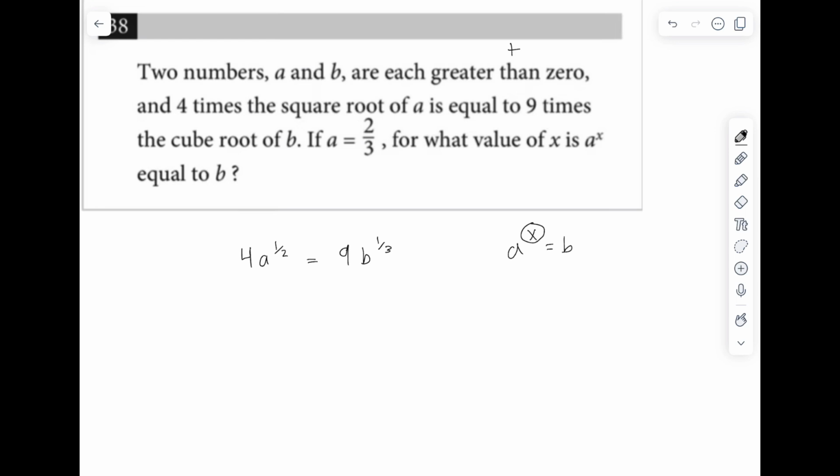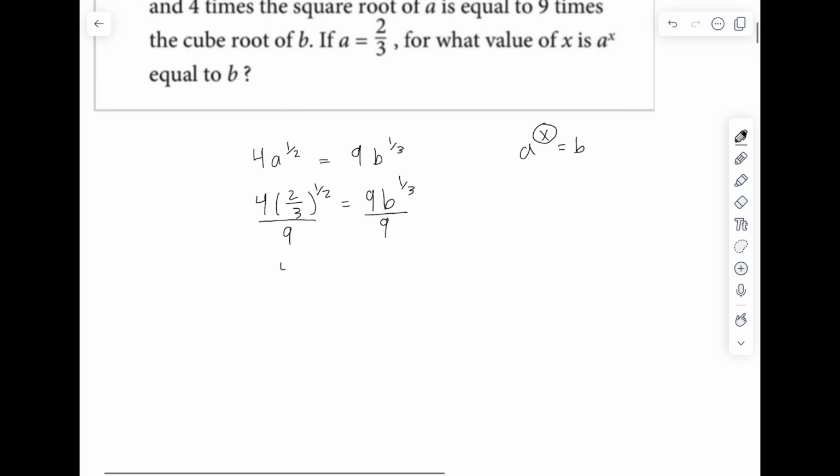And we also know that a to the power of x is equal to b, but they want to know what x is. So let's plug in the 2/3. So 4 times 2/3 to the power of 1/2 is equal to 9 times b to the power of 1/3. So let's bring the 9 to the other side.